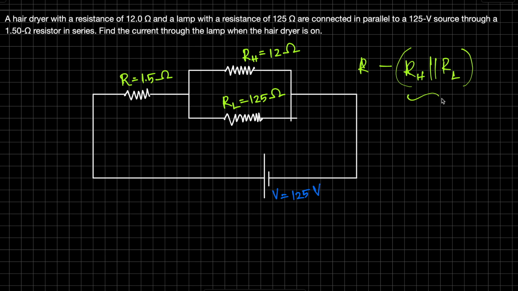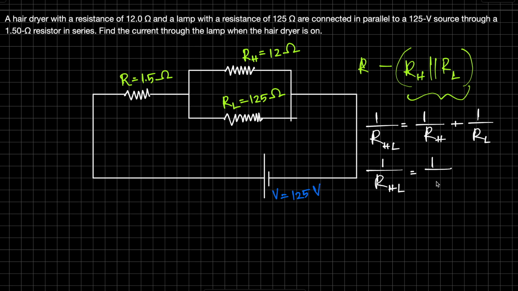So let's start with RH and RL. Let's find the equivalent resistance of RH and RL. 1 over RHL, the equivalent resistance of the hairdryer and the lamp, equals 1 over RH plus 1 over RL. 1 over RHL is equal to 1 over 12 plus 1 over 125.